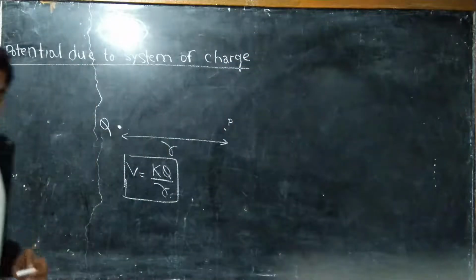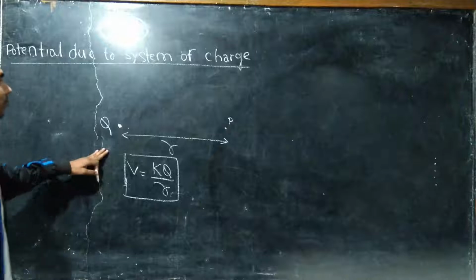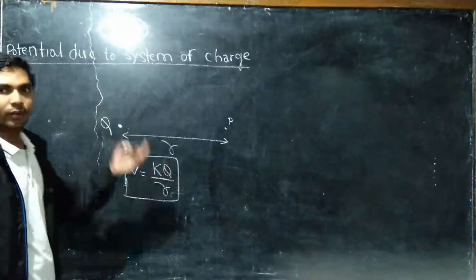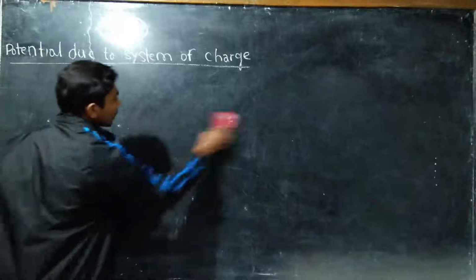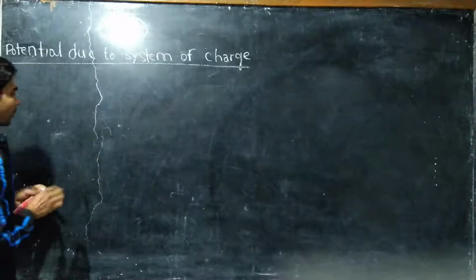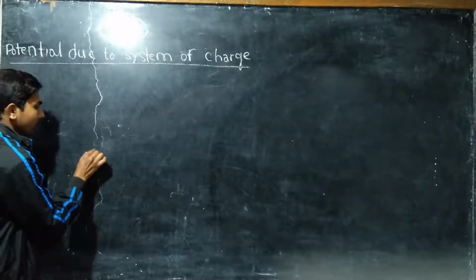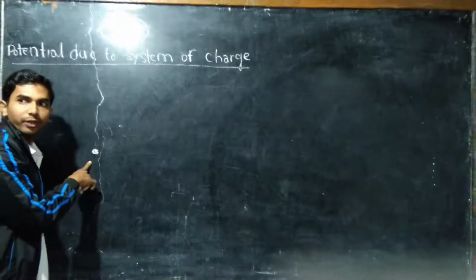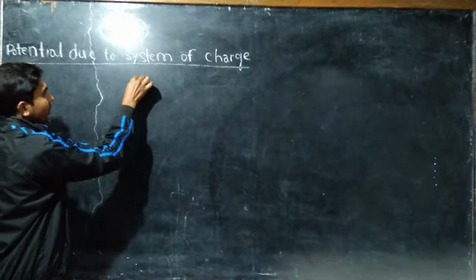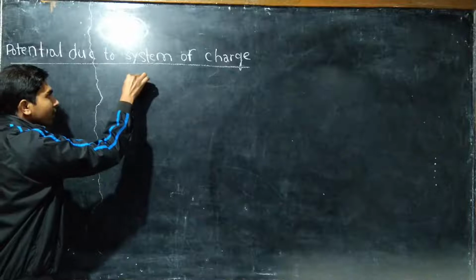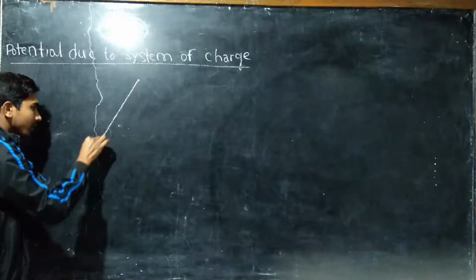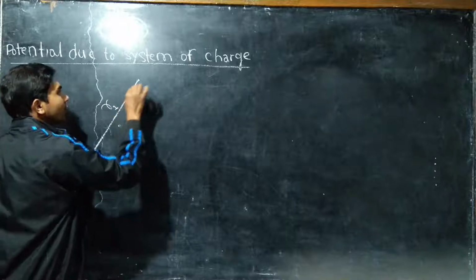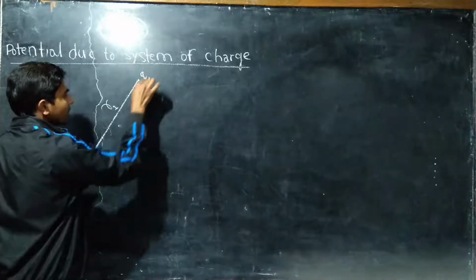So this is for potential due to a single charge. But now a system of charge means many charges are present. Suppose this is the point at which we are going to calculate potential. One charge q1 is present here, separated by distance r1.